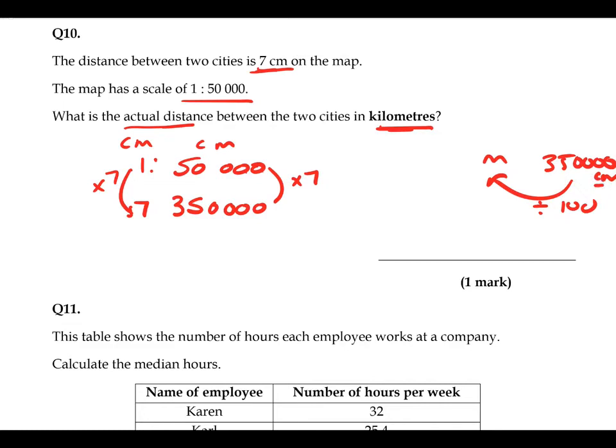Centi means 100, small to big we divide. So if we divide this by 100, we have 3,500 metres. To go from metres to kilometres, kilo means 1,000, so we divide by 1,000, 10, 100, 1,000. We end up with 3.5 kilometres as our answer for 1 mark.